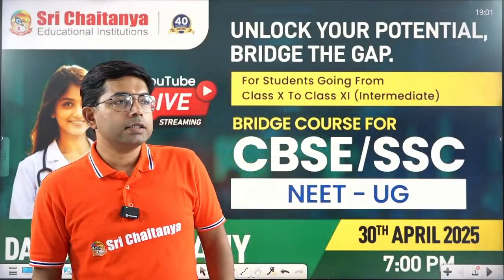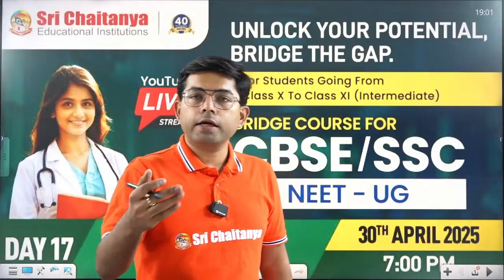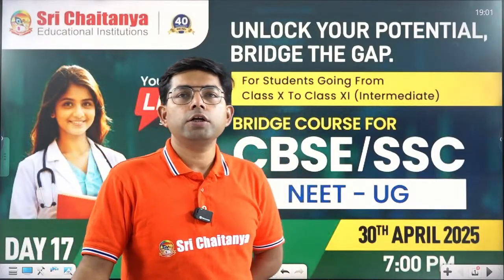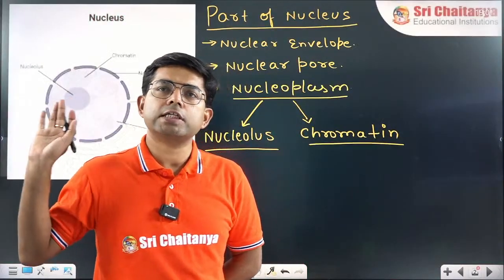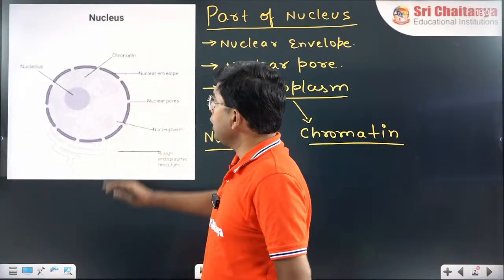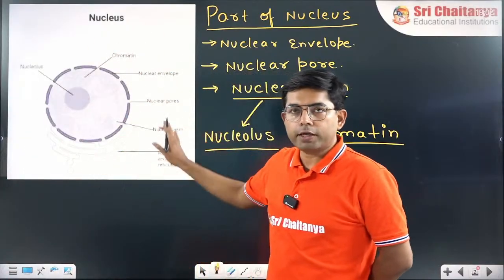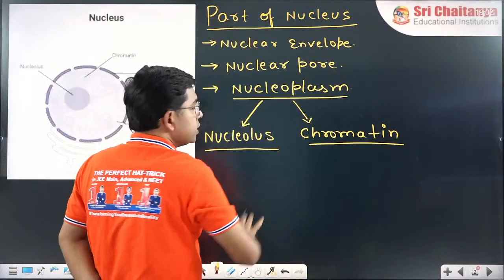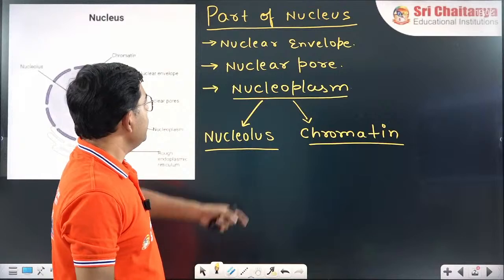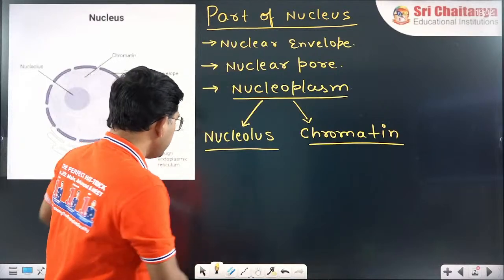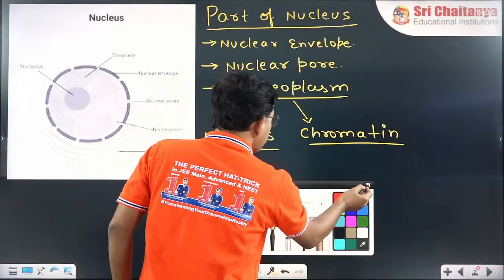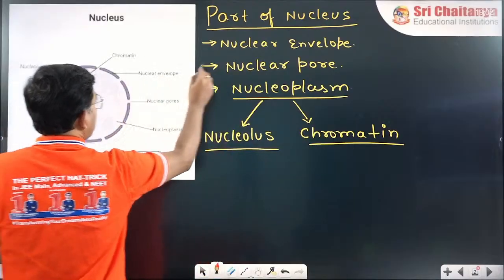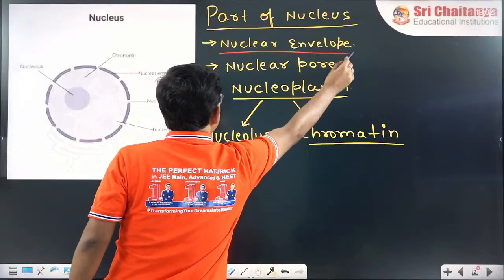In the last class, if you can recall, we were talking about the nucleus. We have just started with the nucleus, and we have seen that the nucleus has these parts: the nuclear membrane, or you say the nuclear envelope basically.